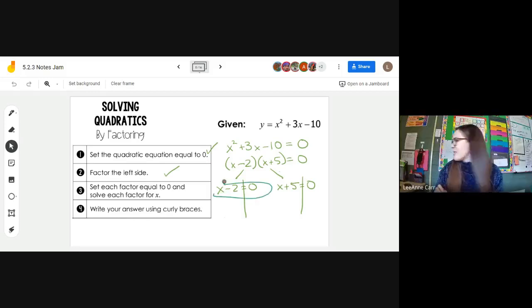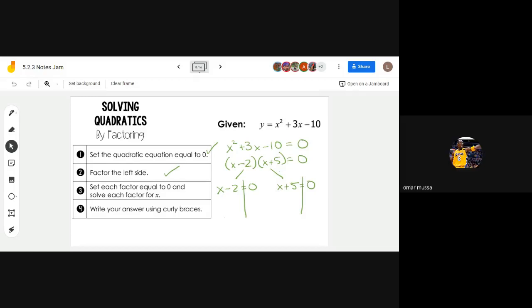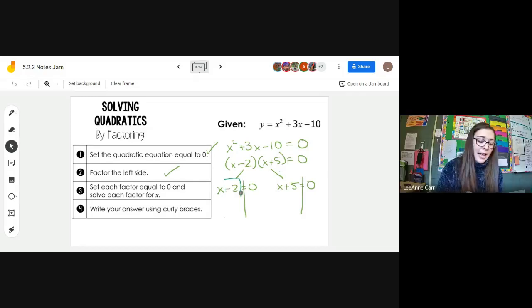So look here, I have x minus 2. I got to get x by itself. Right now it's being subtracted by 2. Remember, in our equations, we have to do the opposite. So what am I going to have to do? Add? Yeah, we're going to add 2 instead of subtracting 2. And remember, we have to do the same thing on both sides. Good job, Omar. So then from here, I can cross that off. And now I have x equals 0 plus 2, which is just 2.